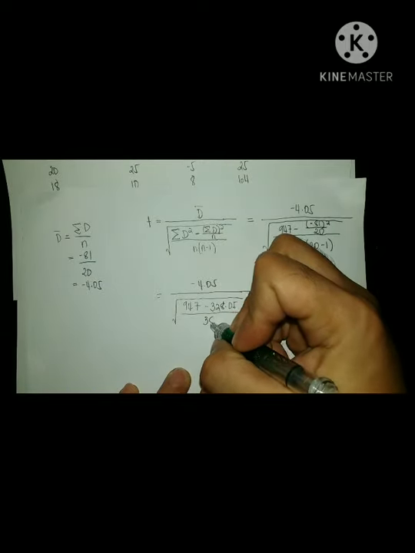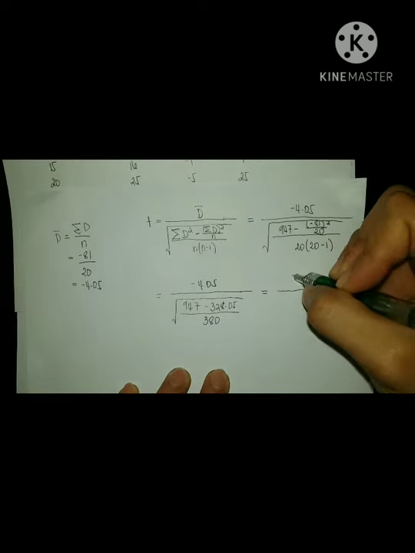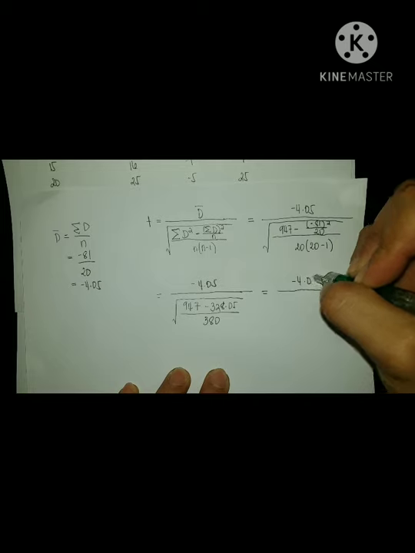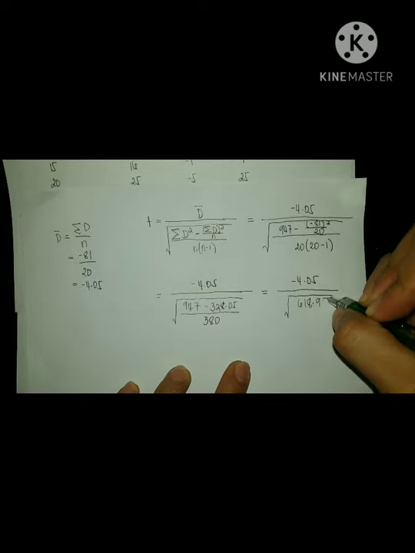Then divided by 20 times 19, which is equal to 380. Then evaluate further. Negative 4.05 over the square root of 947 minus 328.05, which is 618.95, divided by 380. Then simplify it further.